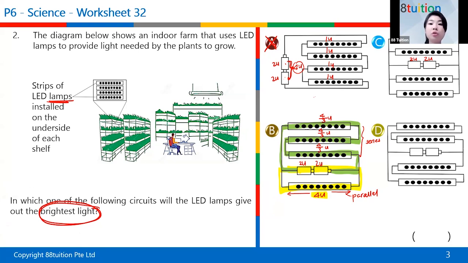Christina, come on, try. For a parallel circuit, there is an individual pathway for each lamp. Right, Christina? So each lamp receives how many units of energy?